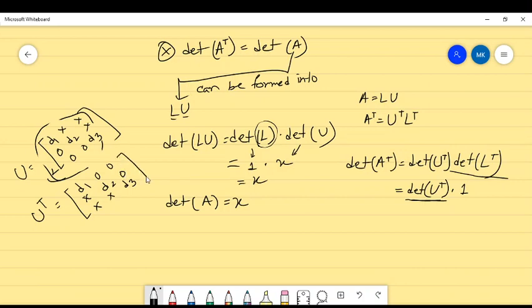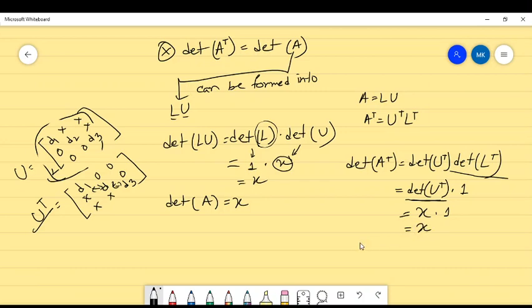As you can see, the diagonal never changes in the case of upper triangular matrices. So if you multiply the diagonal, you get the same x. The product of the diagonal is also x, so x times 1 comes to x.